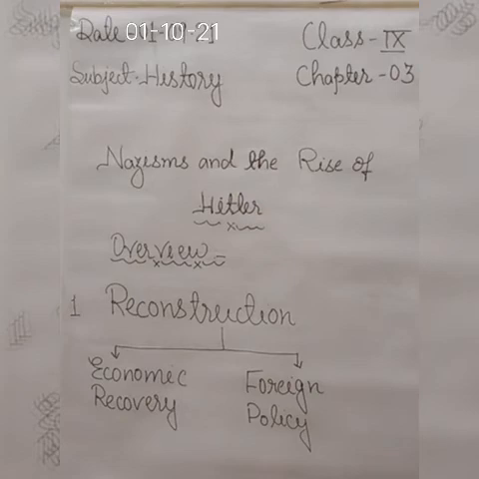Alright, understood? So students, we can say here that excess is ever bad. It means the ambition and aim Hitler had was good, but Hitler wanted to conquer the world, which was impossible.